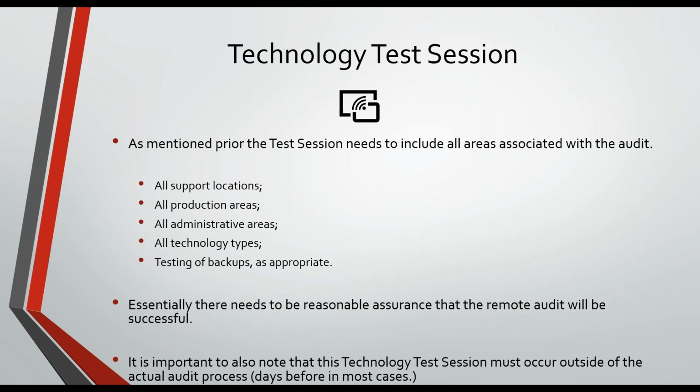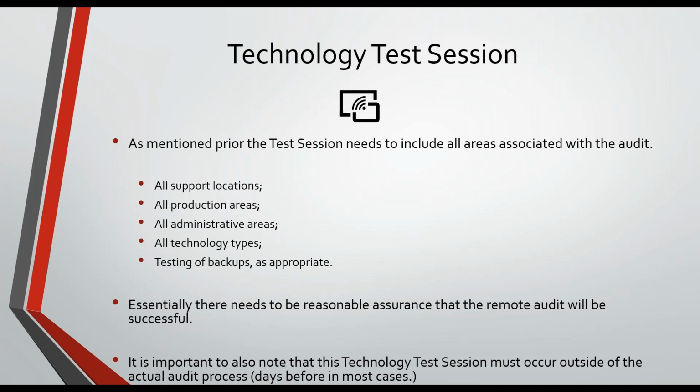I also want to emphasize on this technology test session, this needs to include all areas associated with the audits: all support locations, all production areas, all administrative areas, all technology types, testing of backups. There needs to be reasonable assurance that the remote audit will be successful.